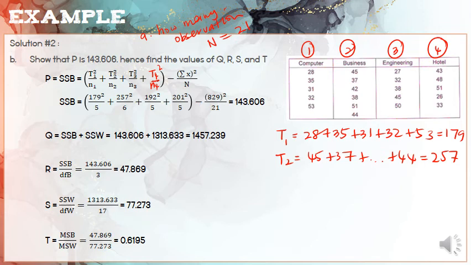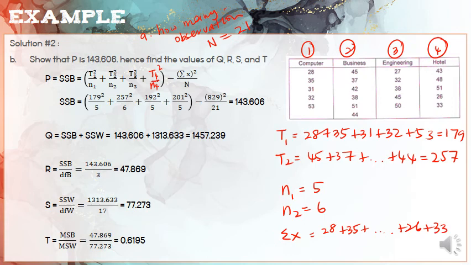Okay. N1 is the sample size for group number 1, 5. N2 is the sample size for group number 2, 6. And so on. Summation of X is the sum of the X values. You can do it one by one, 28 plus 35, all of that, until the last faculty, plus 26, plus 33.